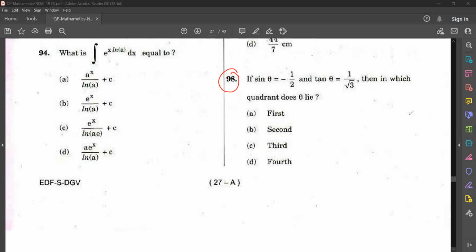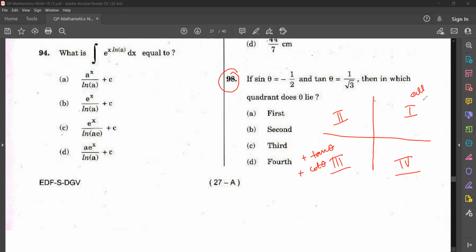Tan theta is positive in first and third quadrant, isn't it? So this is first quadrant, second quadrant, third quadrant, fourth quadrant. Tan theta is positive in this quadrant, and here cot theta is also positive. Here all trigonometric ratios are positive.